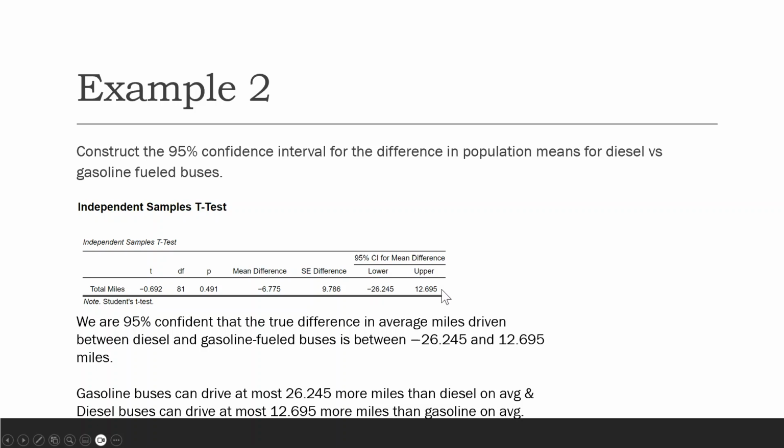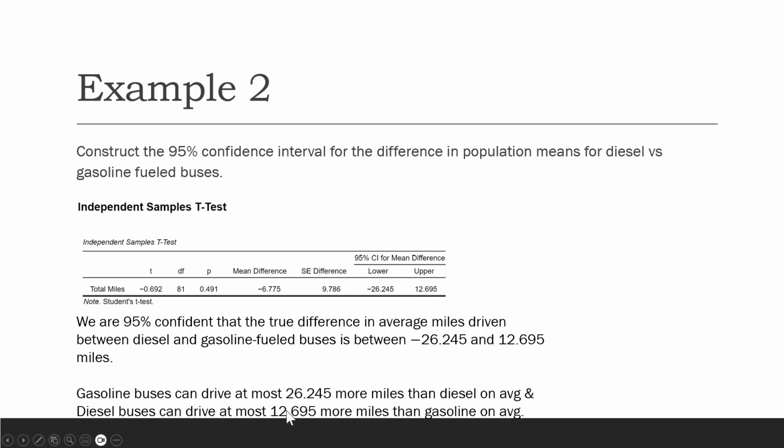Now, our confidence interval also includes positive values, right? And when your subtraction yields a positive number, that means the first term in that subtraction is greater. And the way we did our subtraction was diesel minus gasoline. So that means this confidence interval is also saying that diesel buses can drive at most 12.695 more miles than the gasoline buses on average, right?